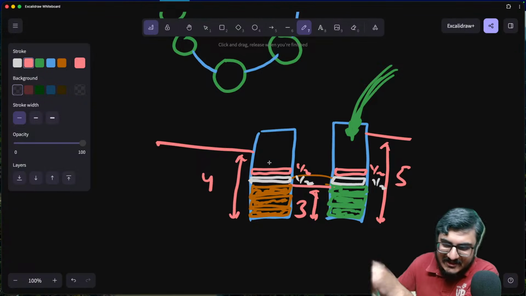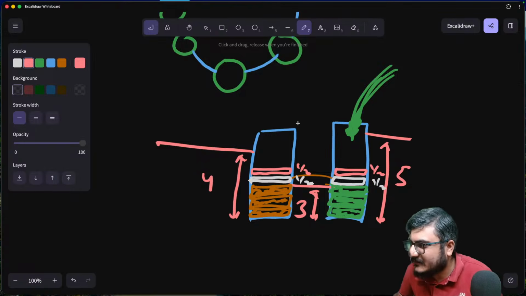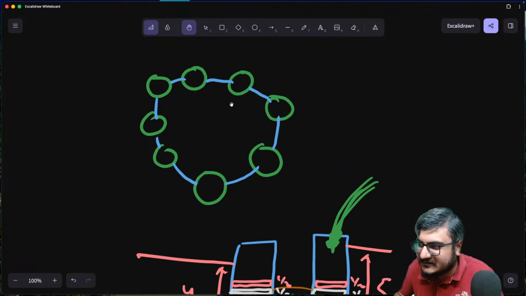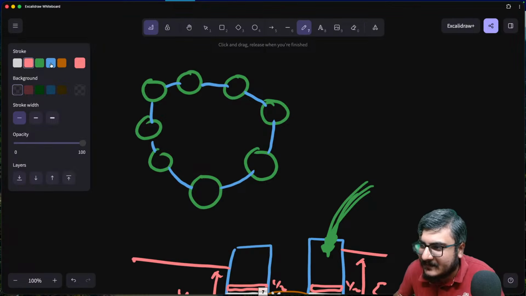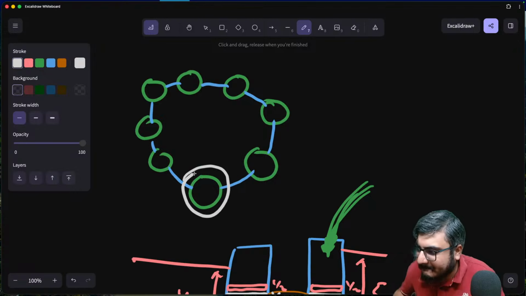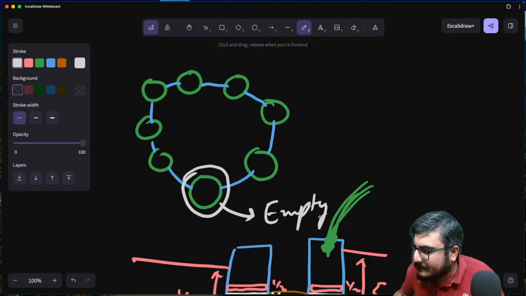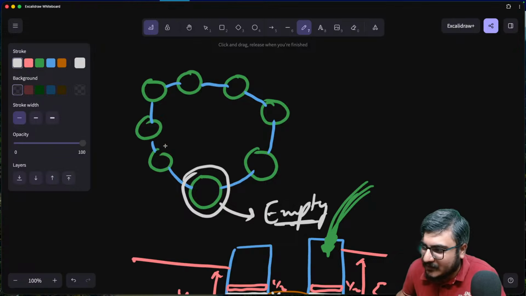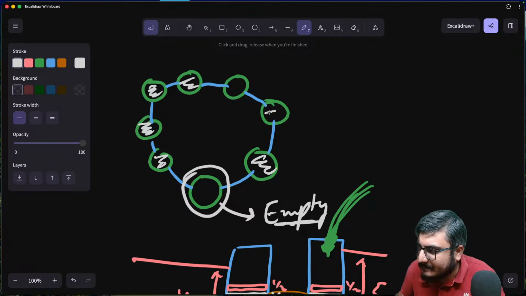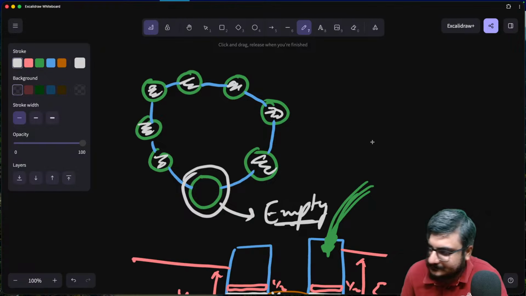Now our problem statement is the same. It says we are given a circle of wells connected here. For example, let's say we want to keep this well empty. What is the maximum amount of water we can fill in all the remaining wells? And essentially, that's the problem statement for us.